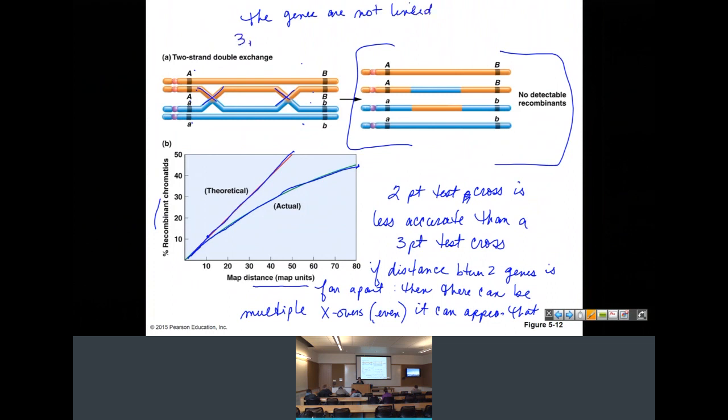So a 3-point test cross is going to utilize smaller distances on the chromosomes.